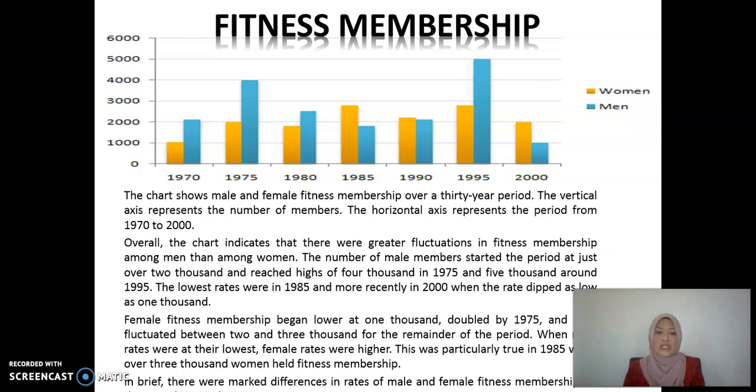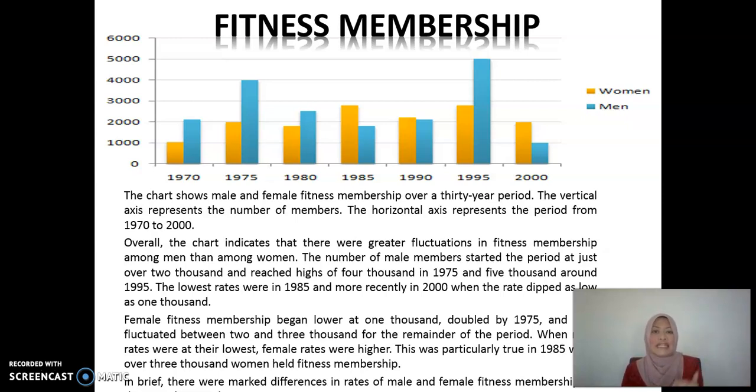This was particularly true in 1985 when over 3,000 women held fitness membership. So again, trend words are used, such as lower, double, punctuated, and then lowest, highest. So these trend words are used to describe women's fitness membership in terms of its pattern from 1970 until 2000.